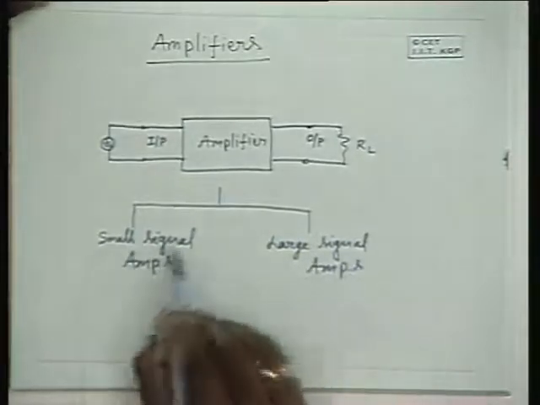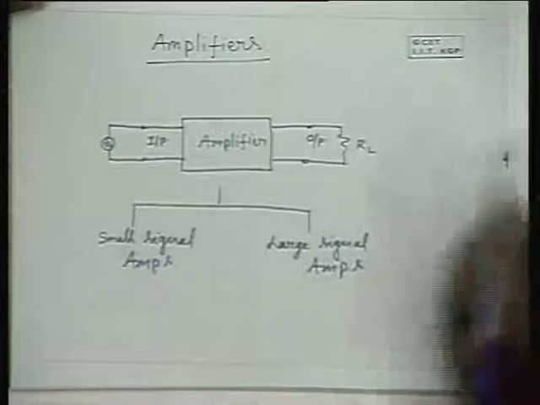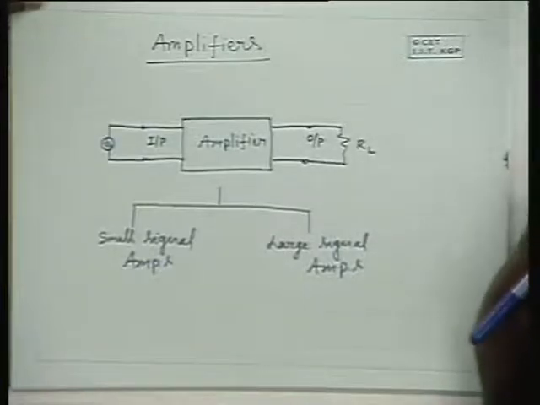As the name indicates, the small signal amplifiers are those amplifiers which take small signals as input, and the large signal amplifiers on the other hand take large signals as the input and give you further large signals at the output.